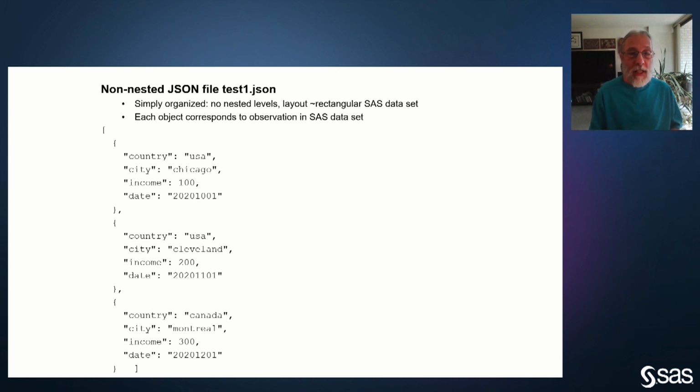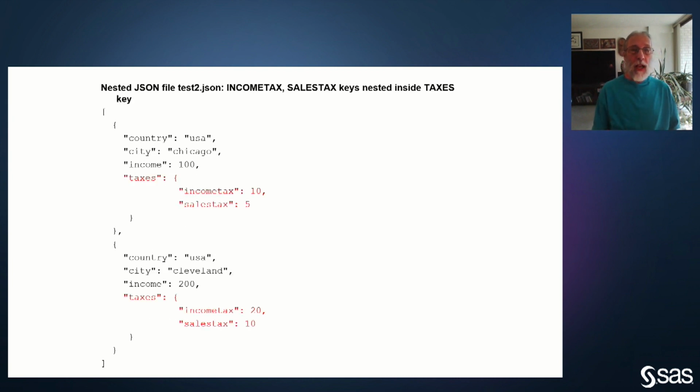So here is an example from the previous section of a non-nested file. You can see that it looks like a SAS dataset, and each object, of which there are 3, corresponds to an observation in a SAS dataset. Here, on the other hand, is a simple example, which we're going to look at and actually work with shortly, of a nested JSON file.